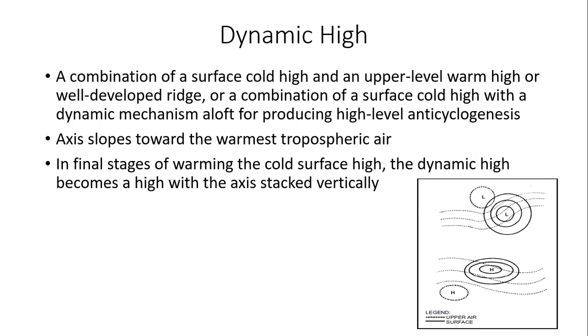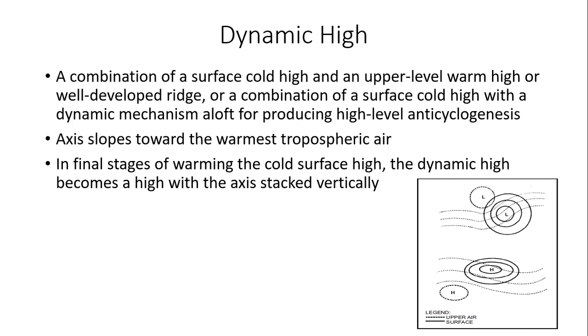If we look at the lower right-hand graphic, I'm showing dashed lines. Those dashed lines represent thickness values. The letter H represents high pressure systems, the letter L represents low pressure. The solid lines represent the surface feature, and the dashed lines surrounding the low and high represent the upper level feature.